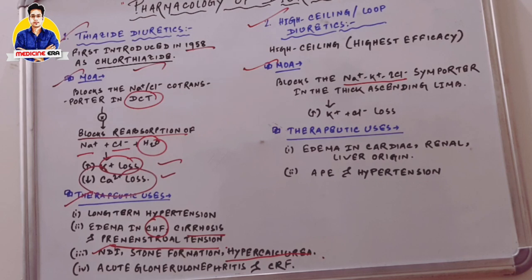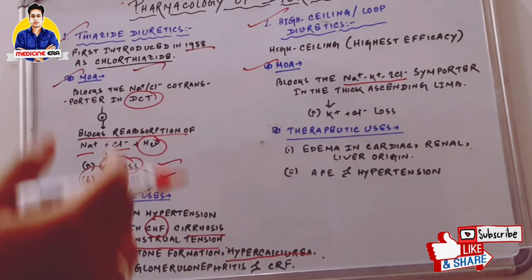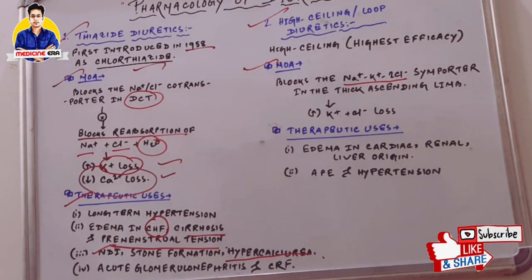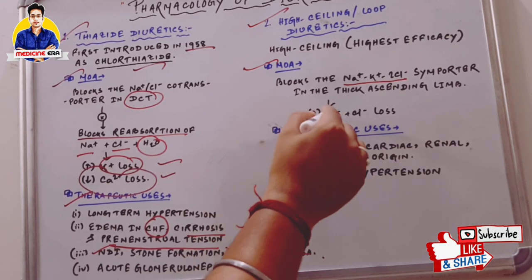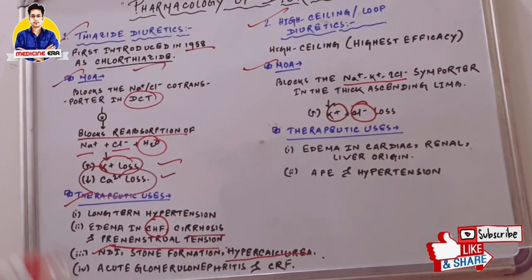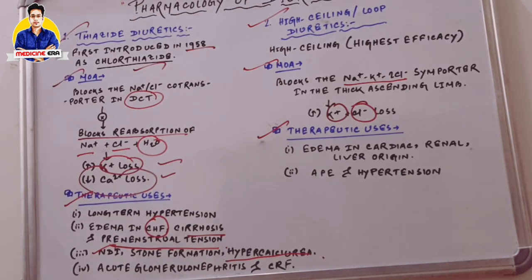So they block the sodium, potassium and chloride symporter, and by blocking that symporter it also blocks the reabsorption of particular electrolytes and also the water, and thus it increases the potassium and calcium loss. By this process, these high ceiling or loop diuretics are used to increase urine volume formation. What are the therapeutic uses? Mainly edema of cardiac, renal or liver origin.